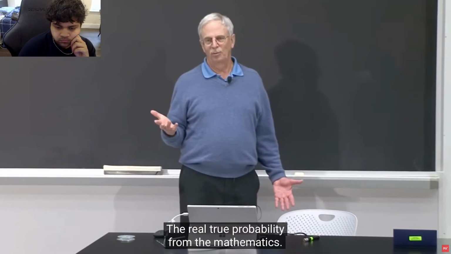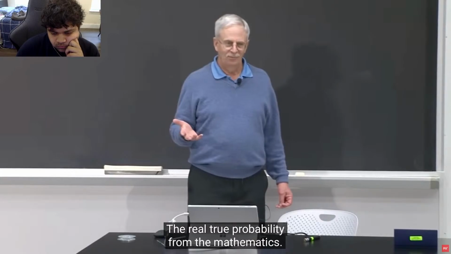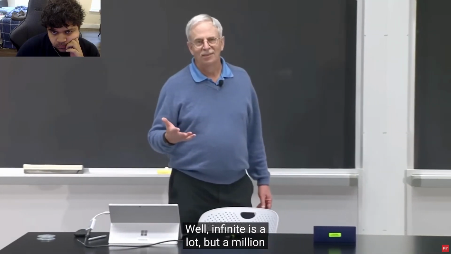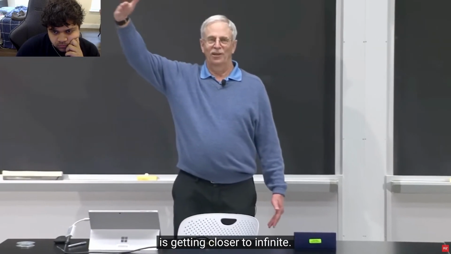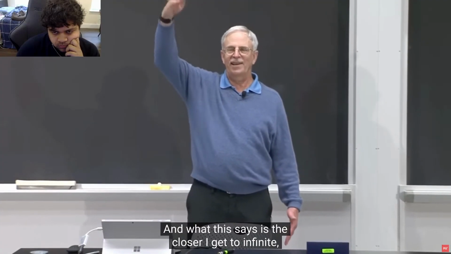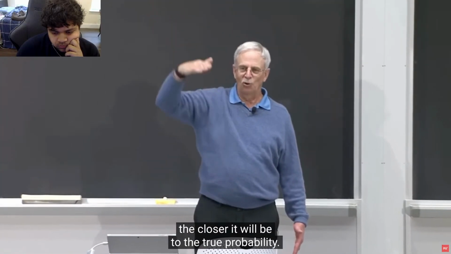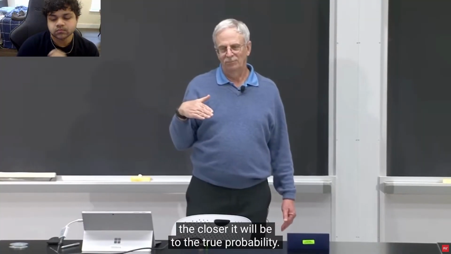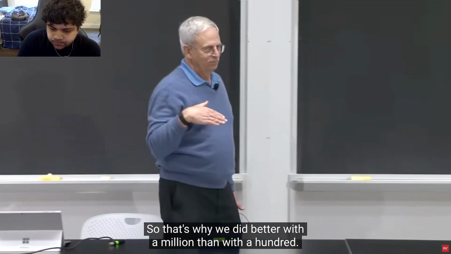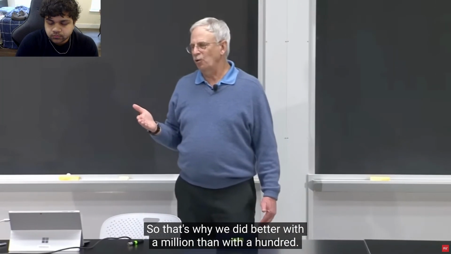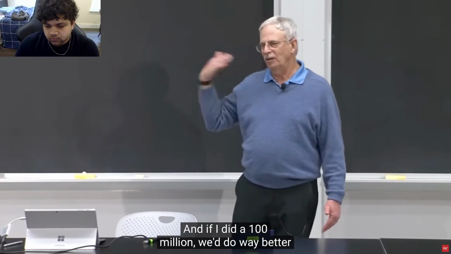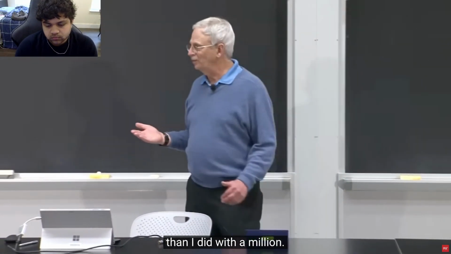The real true probability from the mathematics. Well, infinite is a lot, but 1,000,000 is getting closer to infinite. And what this says is the closer I get to infinite, the closer it will be to the true probability. So that's why we did better with 1,000,000 than with 100. And if I did 100 million, we'd do way better than I did with 1,000,000.